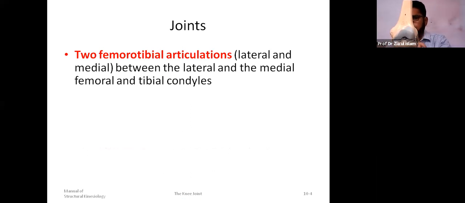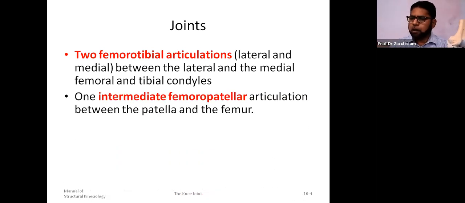So there are two femorotibial, that is the condyle of the femur articulates with the condyle of the tibia. So we have a medial condyle and similarly the lateral condyle of the femur with the lateral condyle of the tibia. So two femorotibial articulations, lateral and medial, and one intermediate femoropatellar.